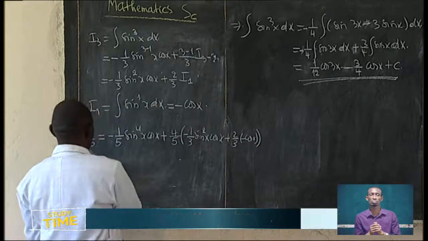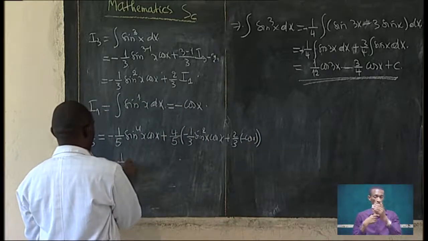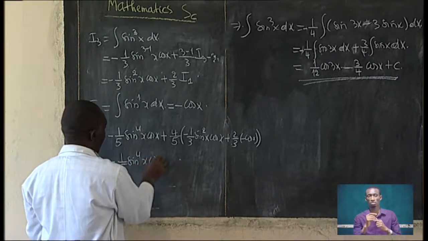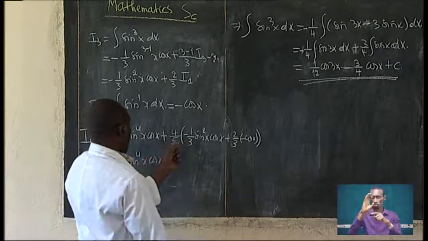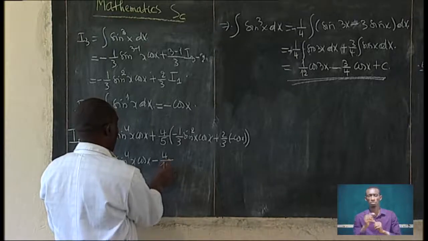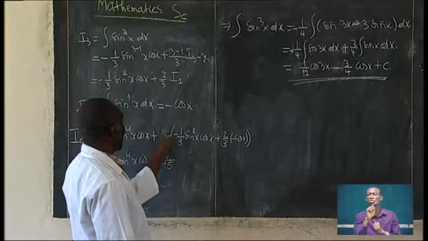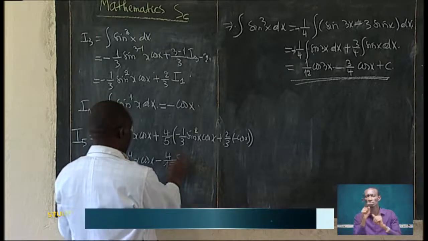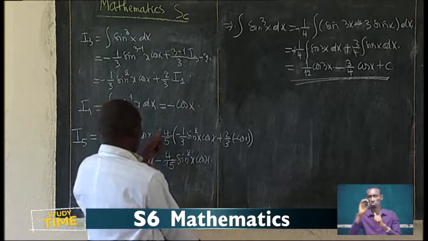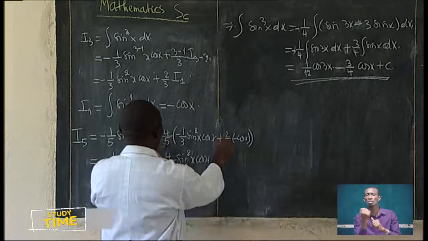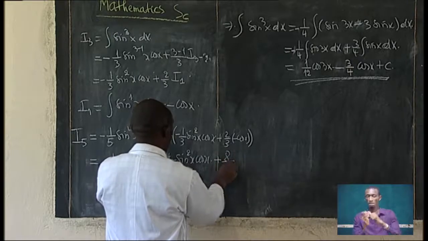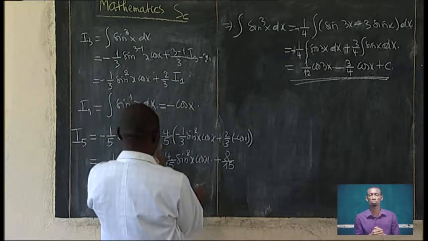So, here we have negative 1 divided by 5, sine^4 x times cosine x. This will be minus 4 divided by 15, 4 divided by 5 times negative 1 divided by 3, then sine squared x cosine x. 4 divided by 5 times 2 divided by 3 will be 8 divided by 15.